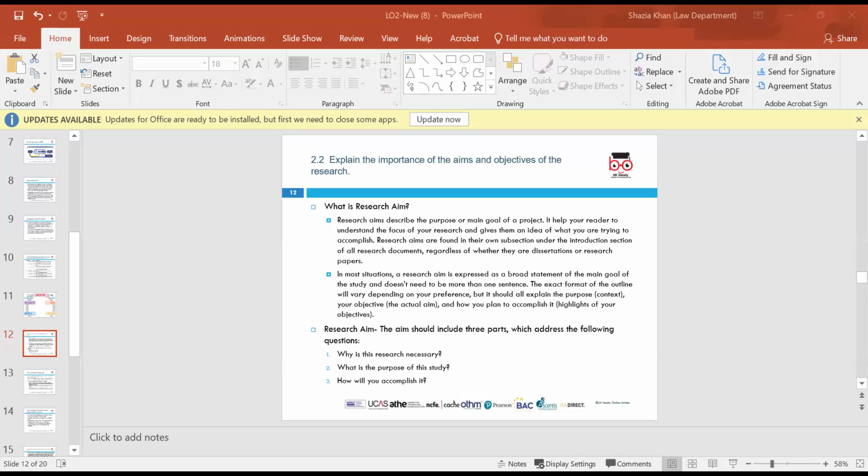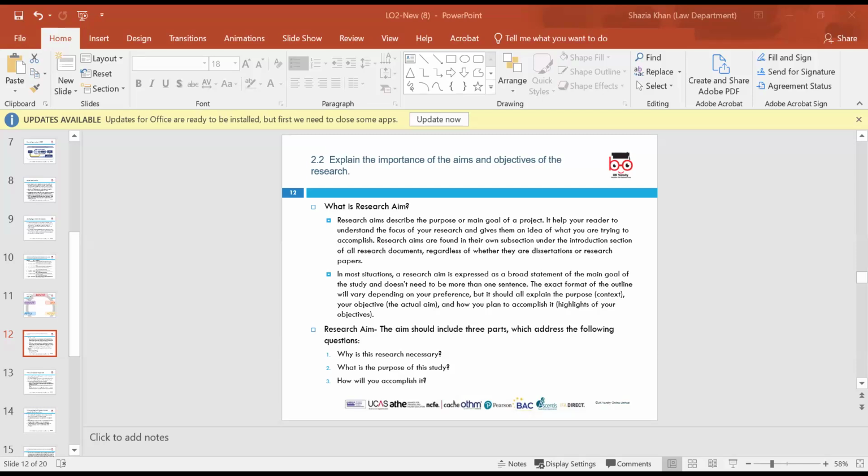So you need to make sure it's a clear statement, and it's a general statement, and it captures the main purpose of the research, and there's a focal point on there. For example, you could say, I'm going to look at the development of the research for cancer, or I'm going to look at the healthcare profession after COVID or before COVID.